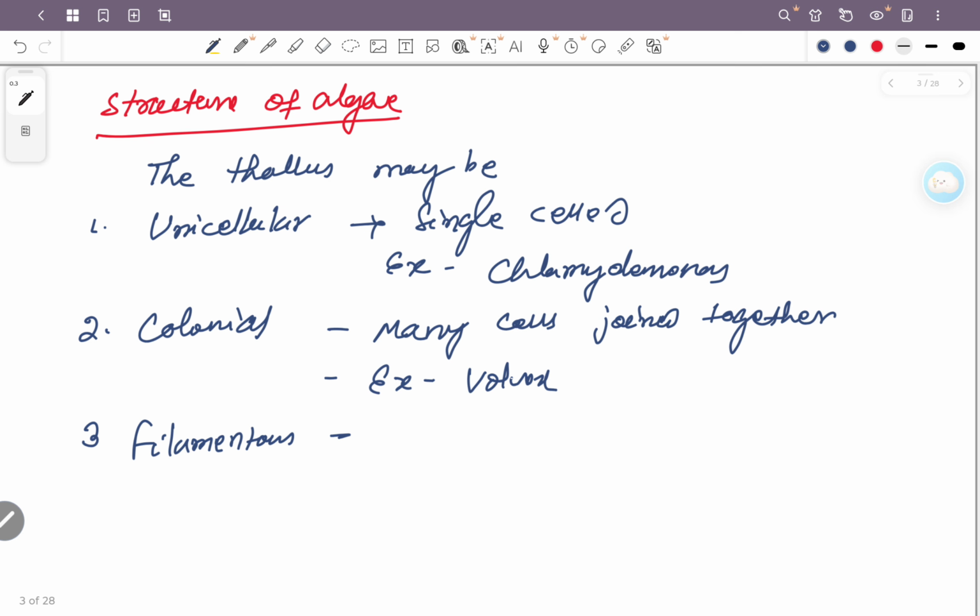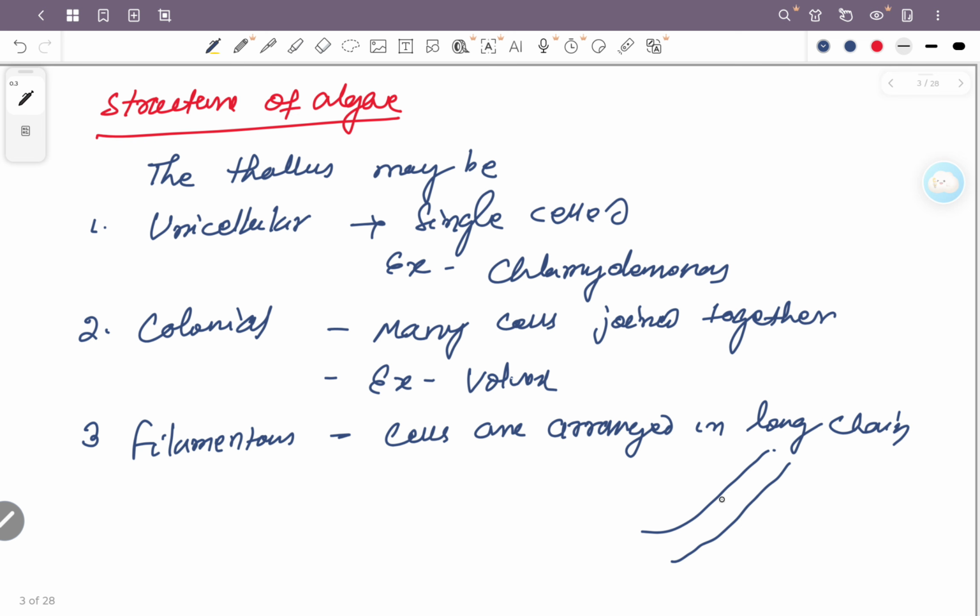Filamentous, here the cells are arranged in long chain. Okay, as in case of Spirogyra, you might have observed that in Spirogyra they are present like this. So here suppose this is Spirogyra, so this is filamentous.